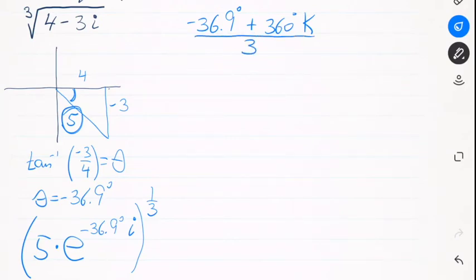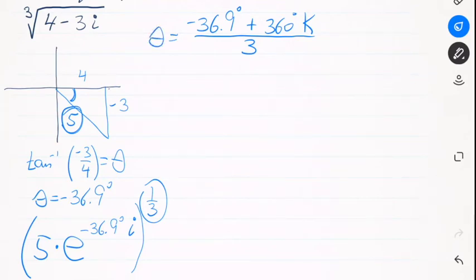I try to treat this as if we had an equation like 3x equals 40 degrees. Because we were going to divide by the 3, we had to add on that 360 degrees k to account for all the possible rotations. All right, so this is going to be the representation of our theta.